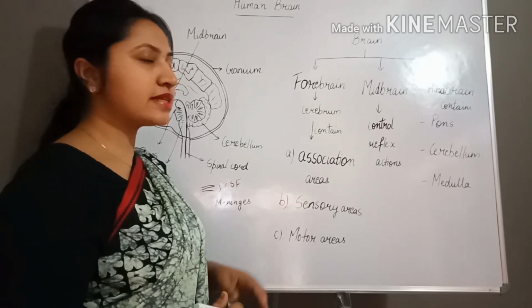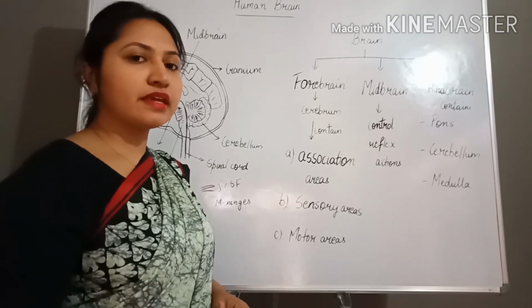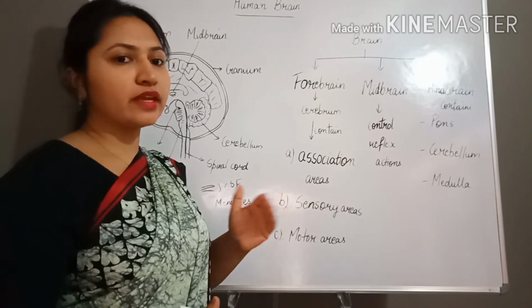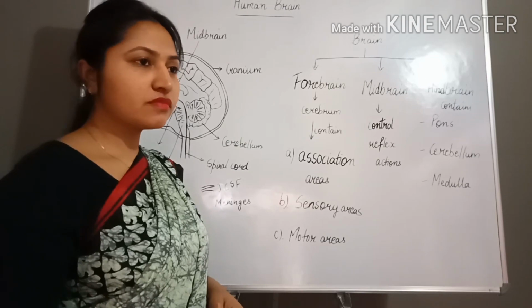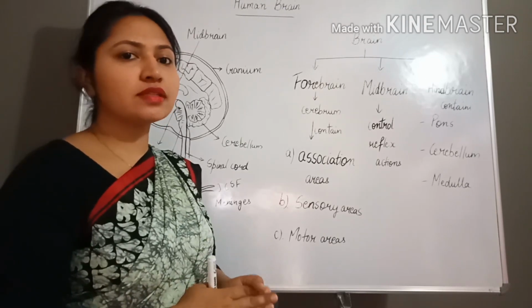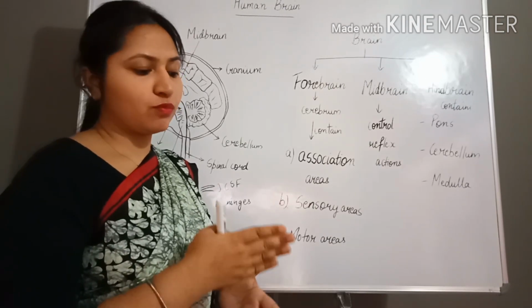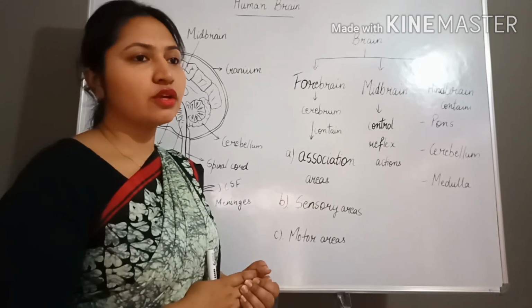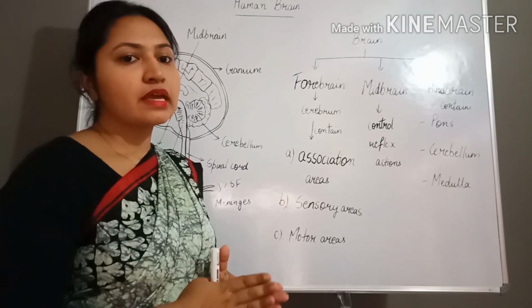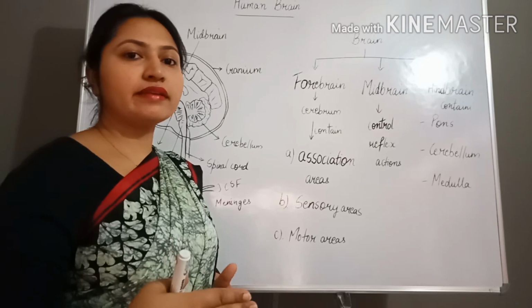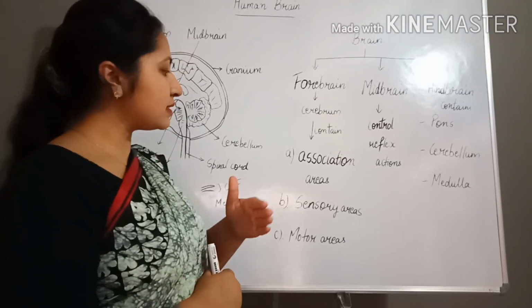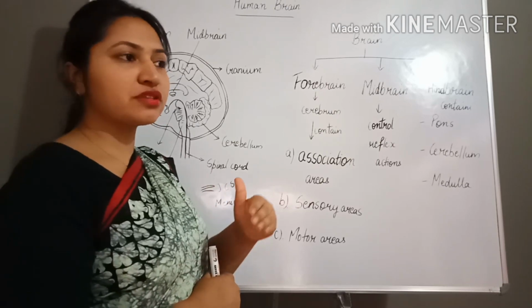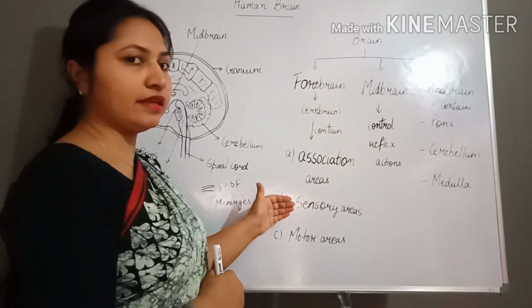Next are the sensory areas. Sensory areas receive all the information from the sensory neurons. All of you know what the sensory neurons are and what their work is. Sensory neurons collect the information from the sense organs, and from these sensory neurons that information passes to the sensory areas.